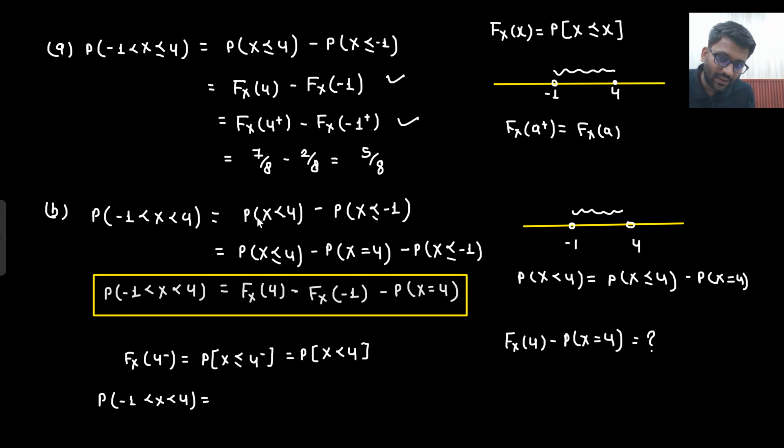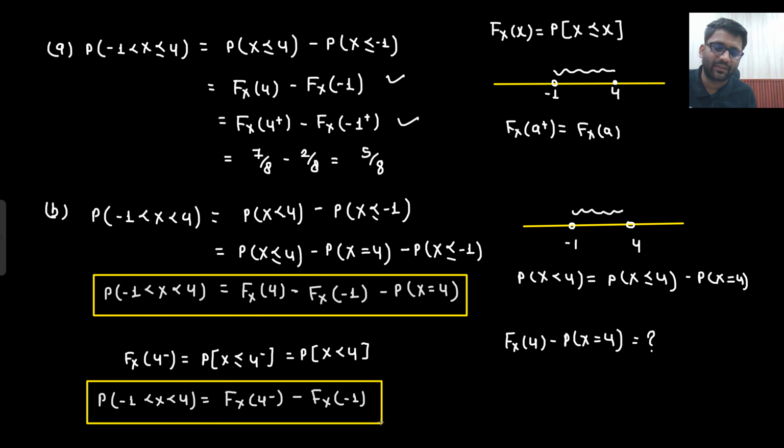The other way could be, this particular thing can be written as Fx of 4 minus, and this particular thing could be written as Fx of minus 1. This can also be mentioned in your examination. Both should be clear to you. You should have the habit of writing down both. We will see the conclusion. With respect to the conclusion, you will be able to write down very quickly. Is that clear to you? All good? All fine? Right?